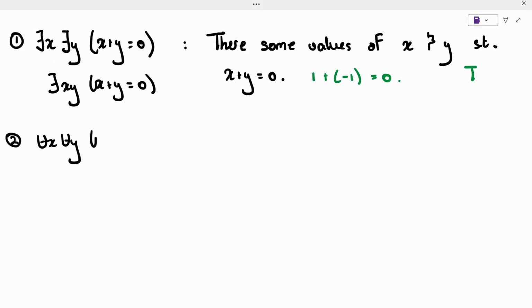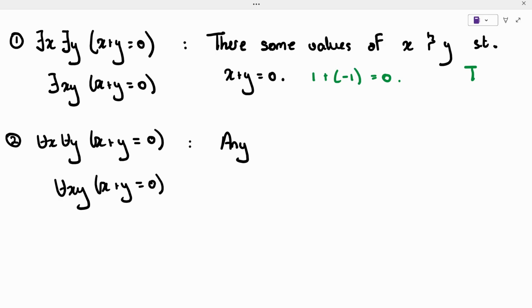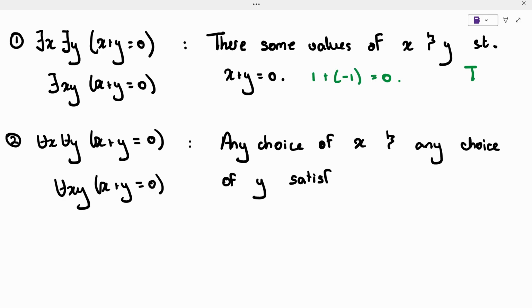This next statement: for all x and all y, x plus y is 0. Or for all x, y, x plus y is 0. What does this statement mean? It means for any choice of x and any choice of y satisfies x plus y is 0.